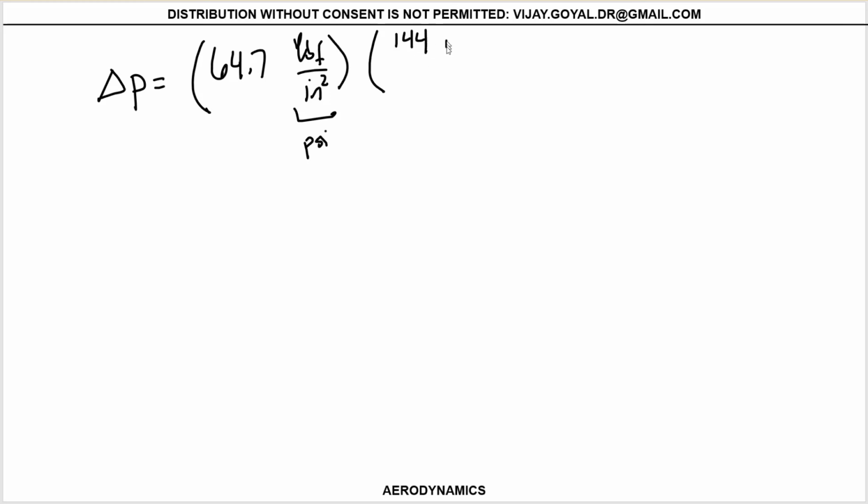So we need to convert 64.7 pound force per inch squared, which is the same as psi. We need to multiply by 144, since 144 inches squared is in 1 feet squared. That will give you 64.7 times 144 pound force per feet squared.